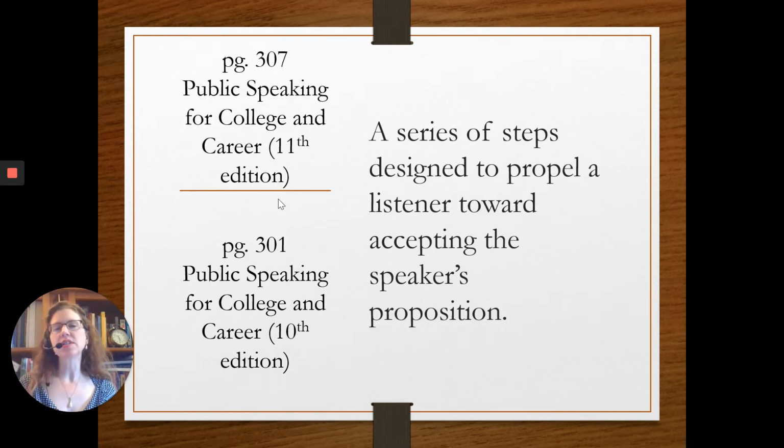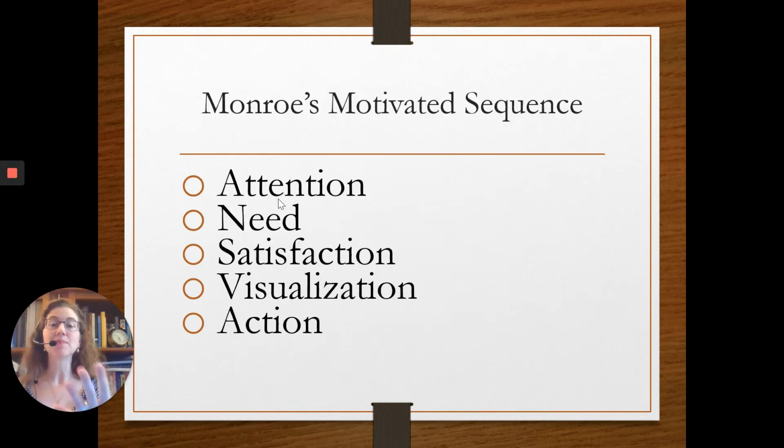Monroe's motivated sequence is a series of steps designed to propel a listener toward accepting the speaker's proposition, designed to propel the audience, designed to propel the receiver, whatever that sender's proposition is. 5 steps to Monroe's motivated sequence: attention, need, satisfaction, visualization, and action.